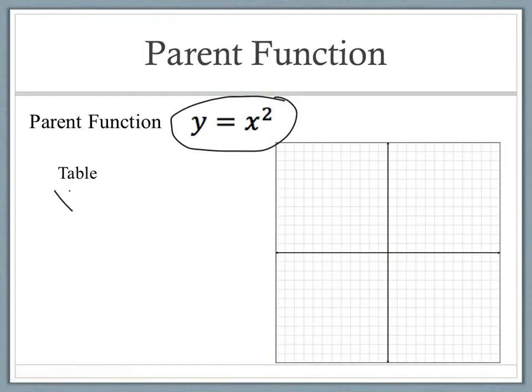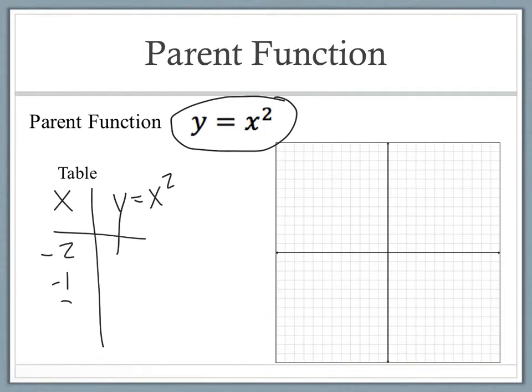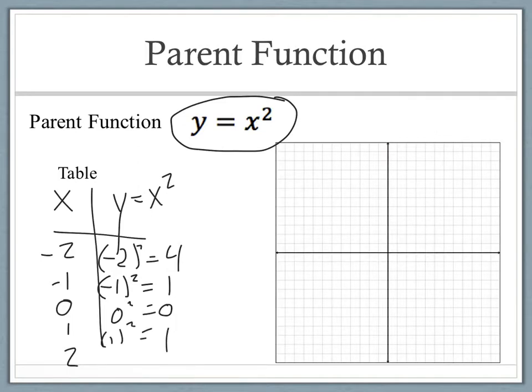Okay, so when I make my table for just this basic function or parent function of x squared, we're going to pick those basic 5 x coordinates, -2, -1, 0, 1, 2. Okay, so then now I'm going to square those numbers. So -2 squared is 4, -1 squared is 1, 0 squared is 0, 1 squared is 1, and 2 squared is 4.